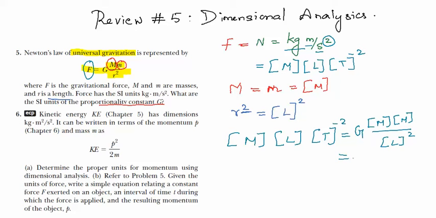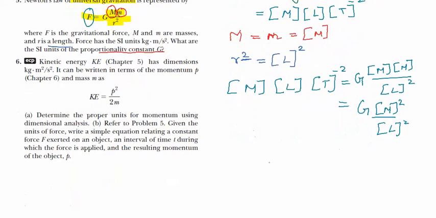So this is G M squared by L squared. How do we proceed from this point on? By finding G.